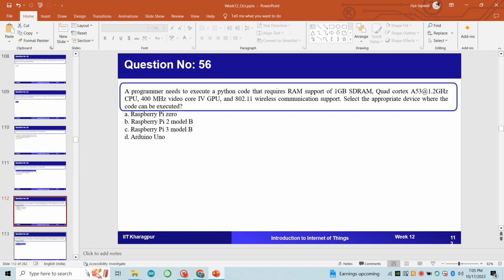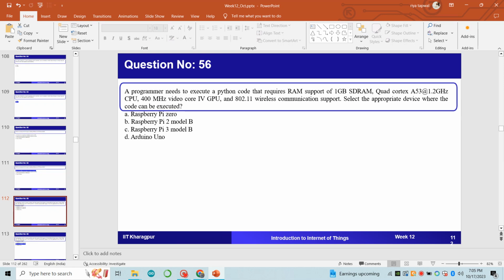Next question is, a programmer needs to execute a Python code that requires RAM support of 1 GB SDRAM, quad-core Cortex A53 at 1.2 gigahertz CPU, 400 megahertz VideoCore 4 GPU and 802.11 wireless communications port.